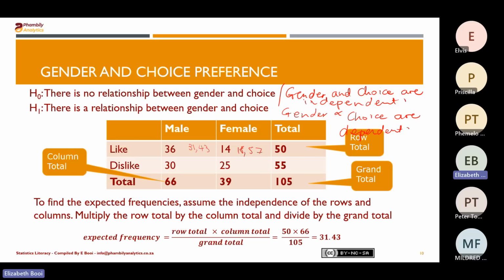For 30, the row total is 55 times the column total is 66, divided by 105, and that will be 34.57.